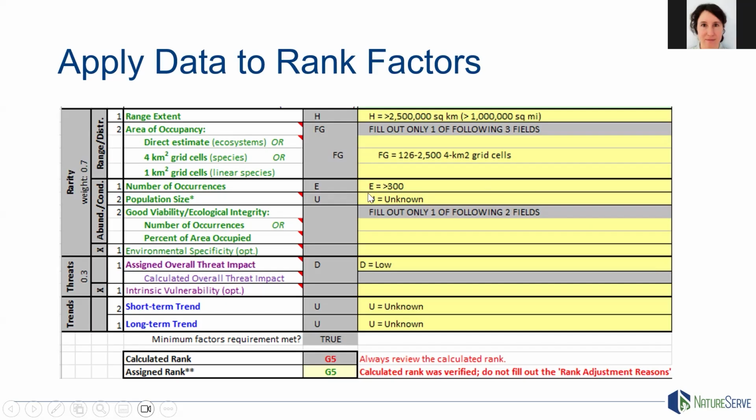Instead, we're looking for how our data fall within thresholds that are provided for each one of the factors. As factors are scored, a rank is calculated once minimum factor requirements are met. And this holds true in Biotics and the Excel rank calculator.